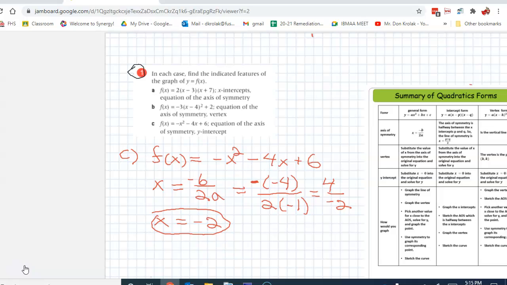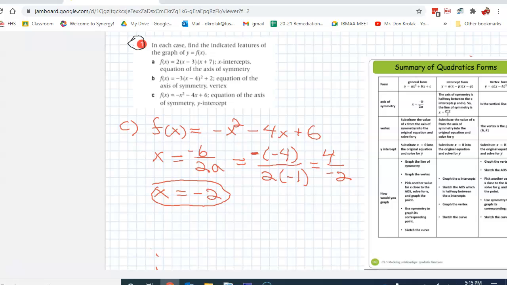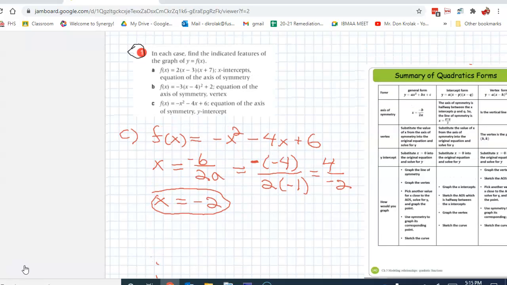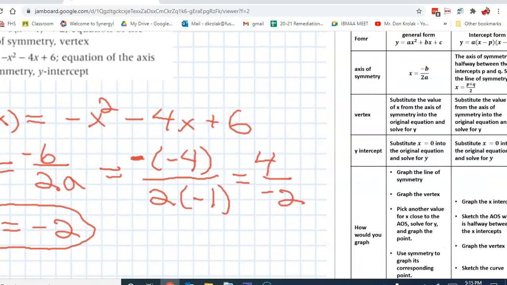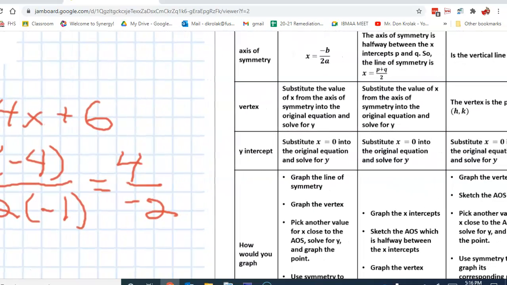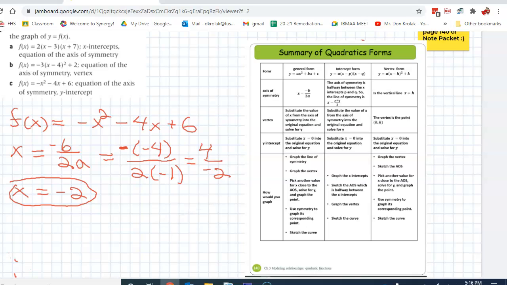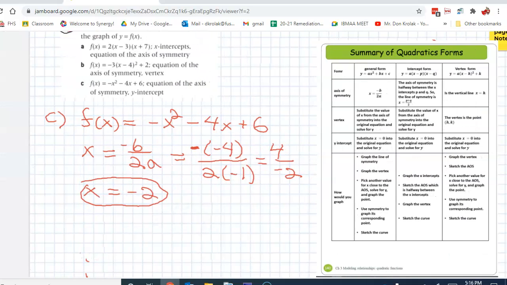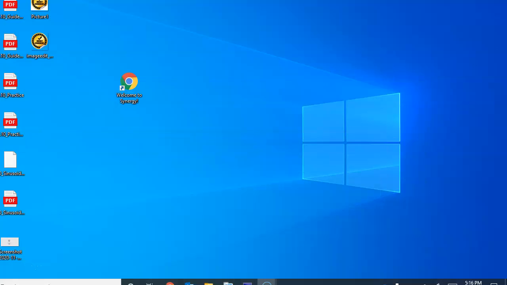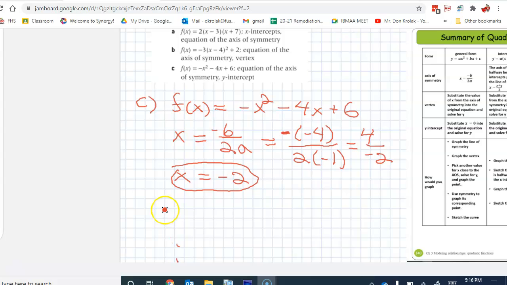Now to get the y-intercept, all we're going to do is substitute x equals 0 into the original equation. So when all of these become 0 up here, I'm just going to be left with that constant c.